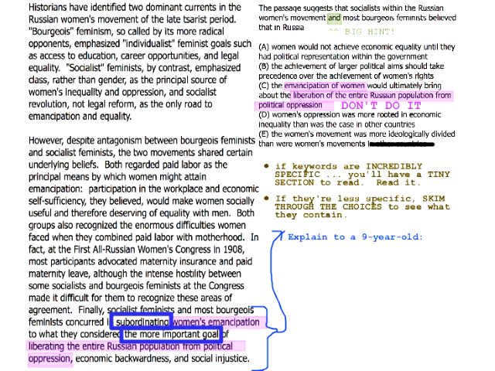How would you explain that to a 9-year-old? Yeah, that's what it says. It says that both sets of people agreed that the cause of women was less important than the overall situation of the Russian population.